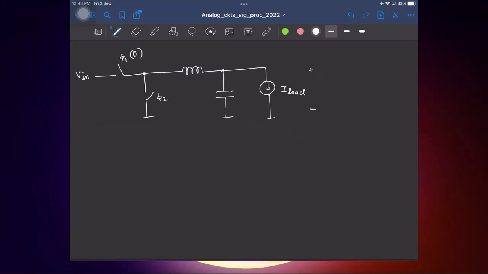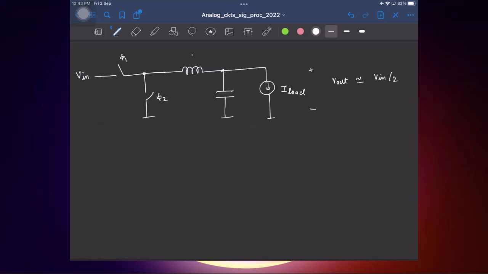We didn't consider the ripple. And in your assignment, you would have found the ripple will be maximum at some duty cycle, and what was it? Half, right? So we'll take that example. So D is half, so V out is approximately Vin by 2.